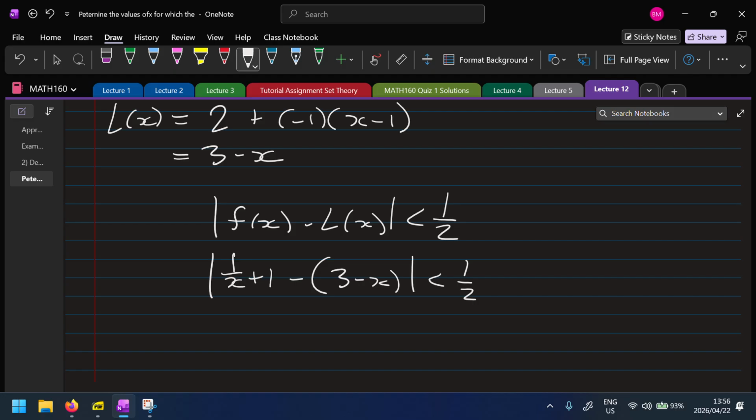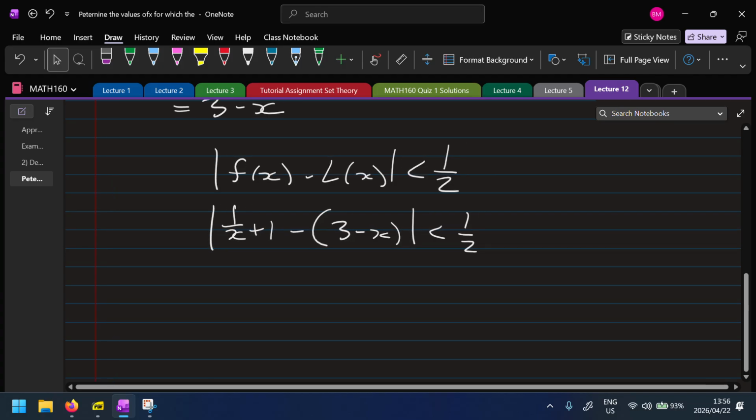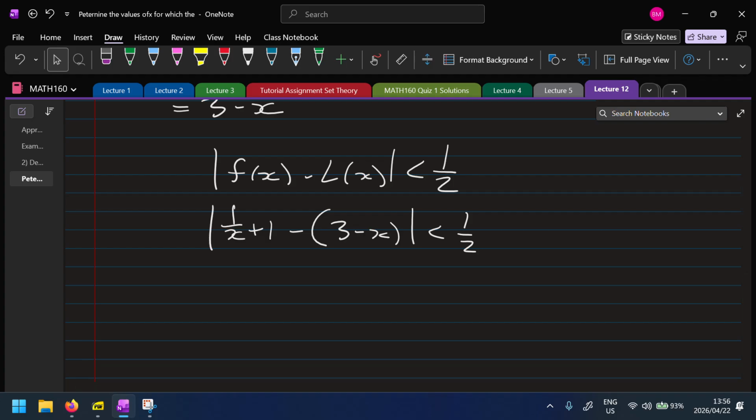Okay, let's simplify a little bit, and then we can solve for x. This will be the absolute value. We can drop that if we say that this is between minus a half and plus a half. So we dropped the absolute value, but now we have two inequalities.